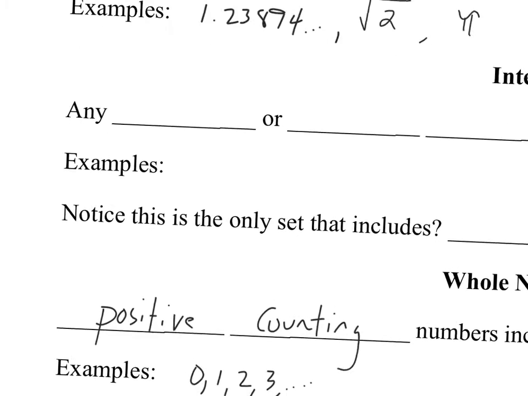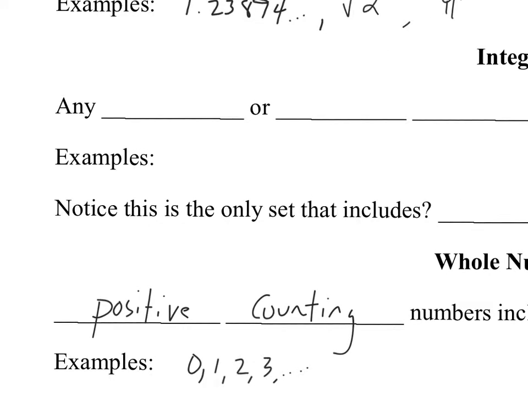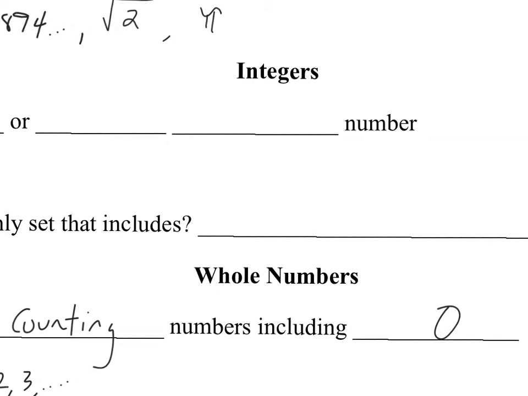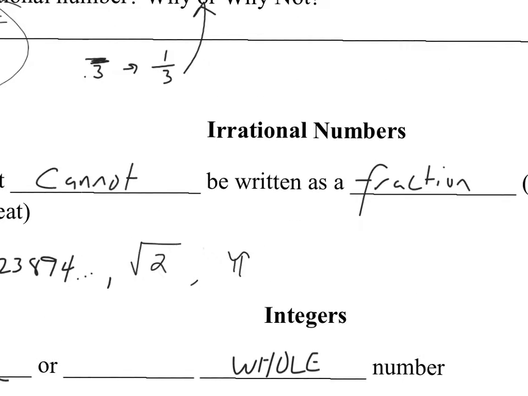So what an integer is: it's any positive or negative whole number. Again, the whole numbers are any positive counting number, including 0. Now notice the only numbers we have not talked about yet are our decimals and our fractions.